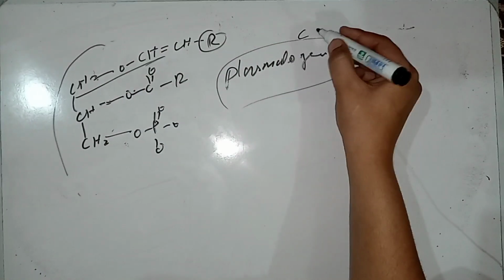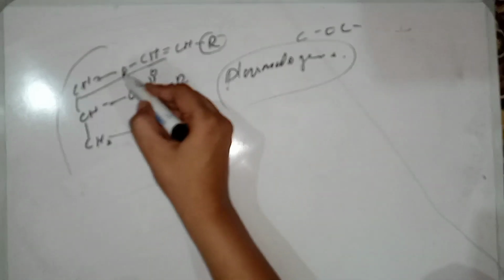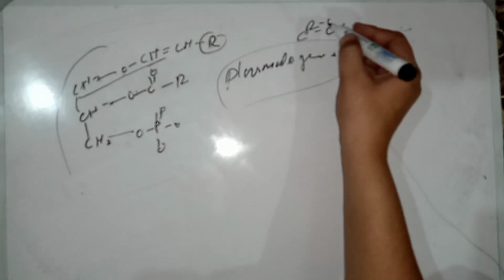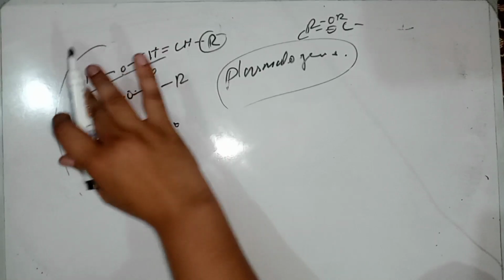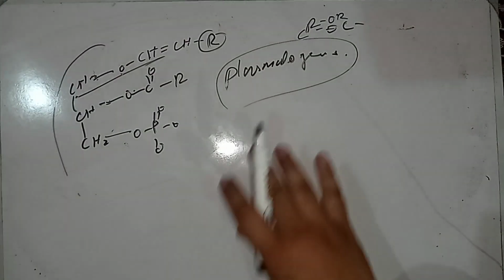This is because it is a C-O-C linkage or R-O-R linkage, which is an ether linkage. So when an alkene joins C1 by ether linkage, then the structure formed is plasmalogen.